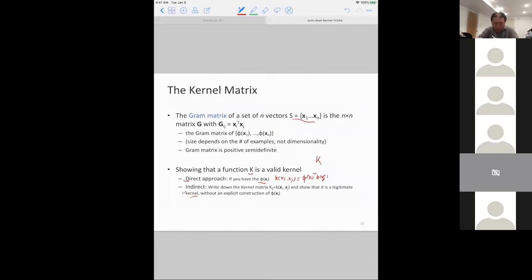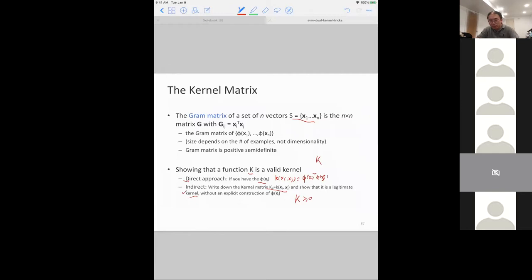But what is the indirect approach? I take a general set of input vectors and construct a kernel matrix on this set. Then I show that my kernel matrix is always positive semi-definite. Then it implies that your kernel function is a valid kernel as well, and your kernel matrix is a Gram matrix.